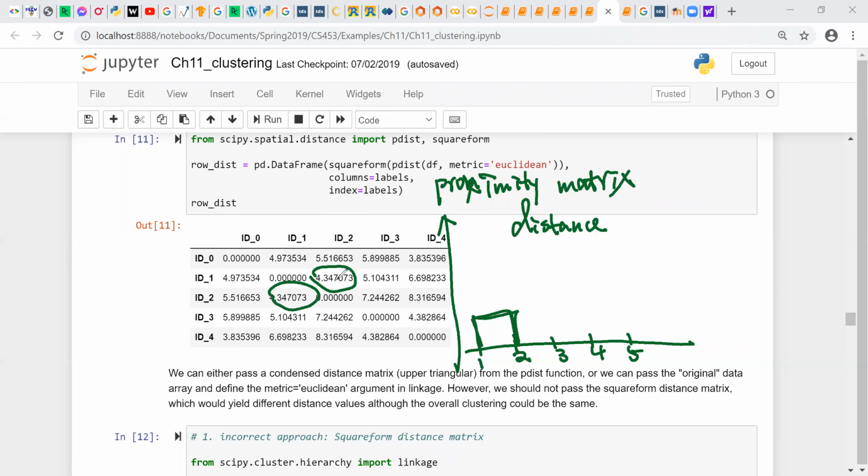After you cluster these two, the proximity matrix will change. You group these two together as ID 1,2, and then recalculate the distance between the samples and this cluster. Then you may find this pair is the smallest, and next this pair is small.